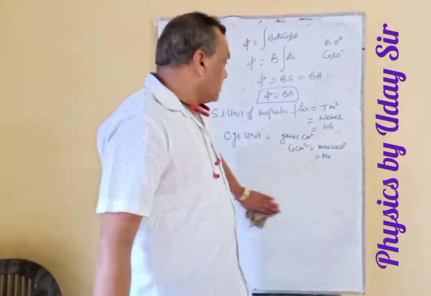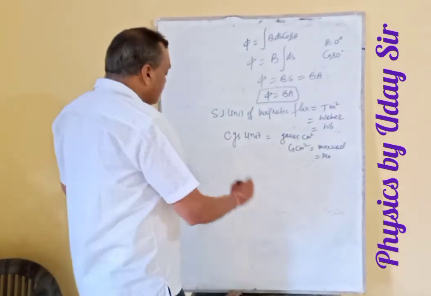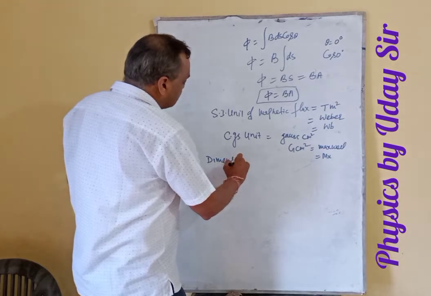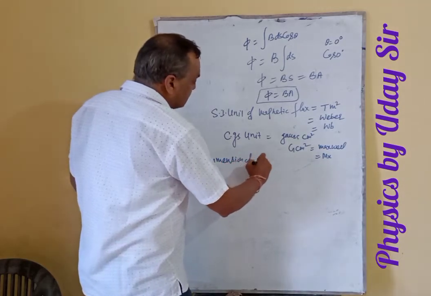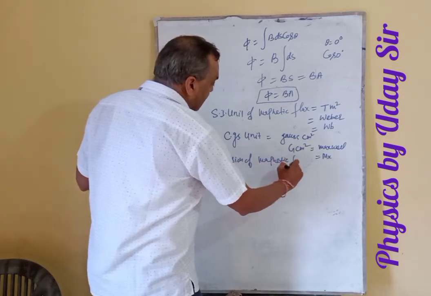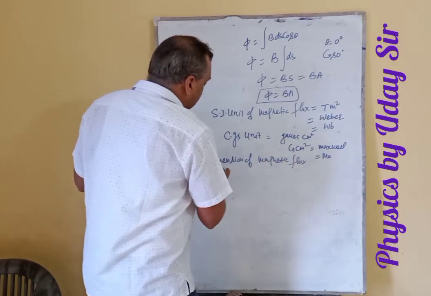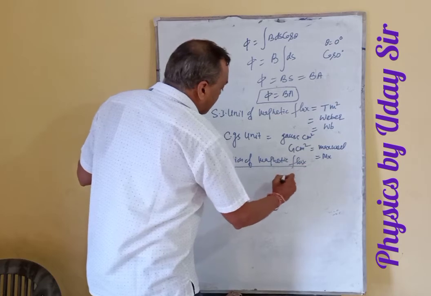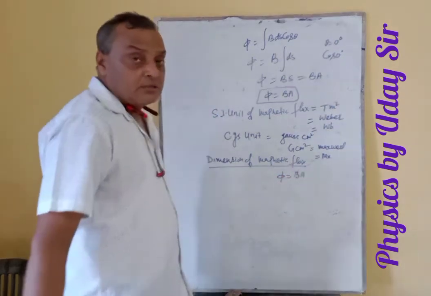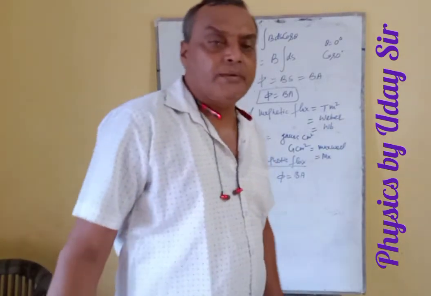Now see, if you have to find the dimension of magnetic flux, how will you find it? Phi is equal to BA. So first of all, you have to find the dimension of the magnetic field.